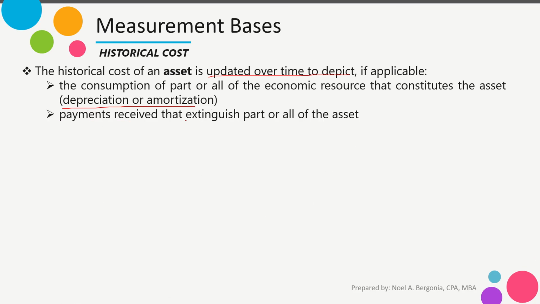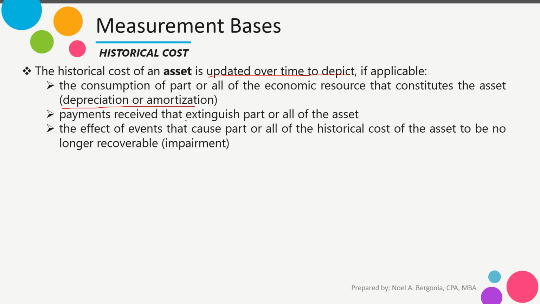Aside from that, in terms of receivables, for example, payments received that extinguish part or all of the assets, di ba? So pag naka-receive na tayo ng payment coming from the customer, o kaya naman naka-receive na tayo ng payment coming from our debtor, okay? So our receivable will now be decreased as well. Effects of events that cause part or all of the historical costs that will no longer be recoverable, which is impairment.